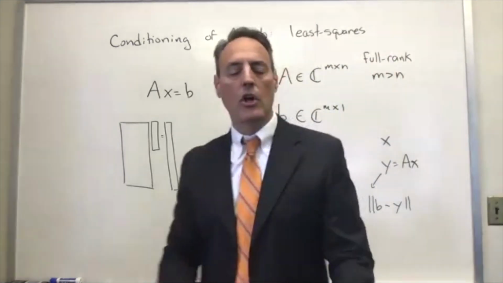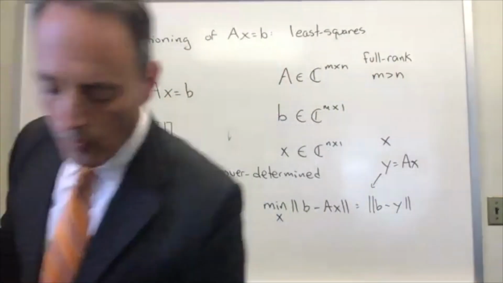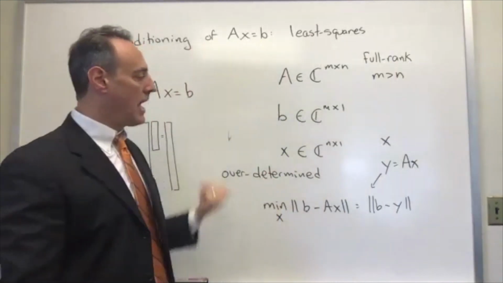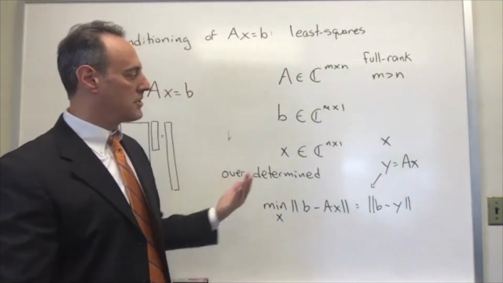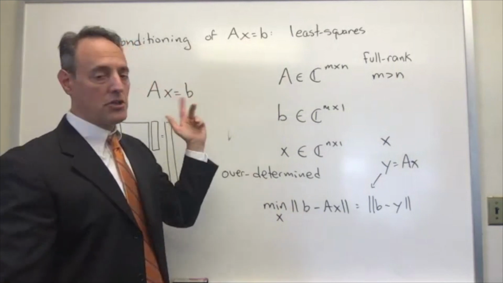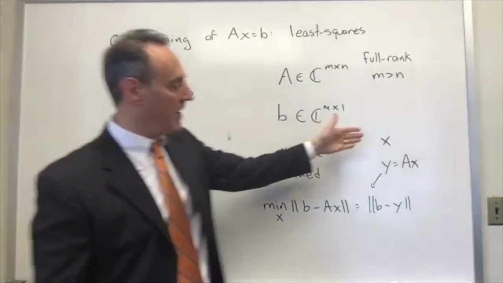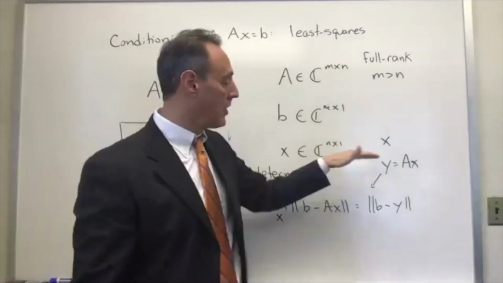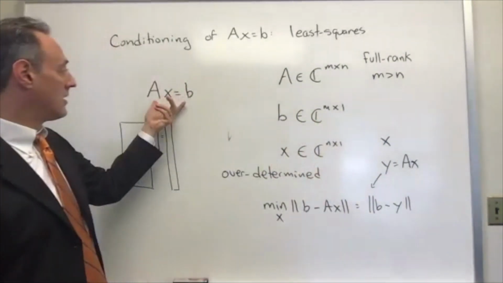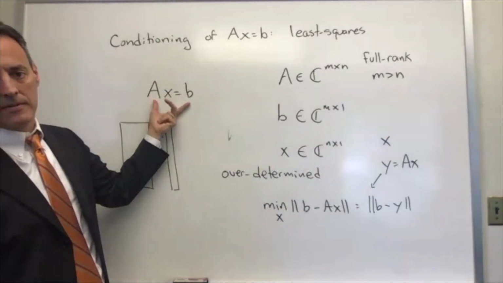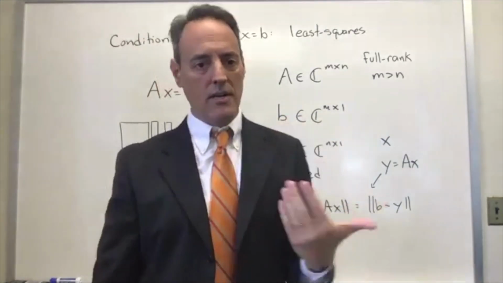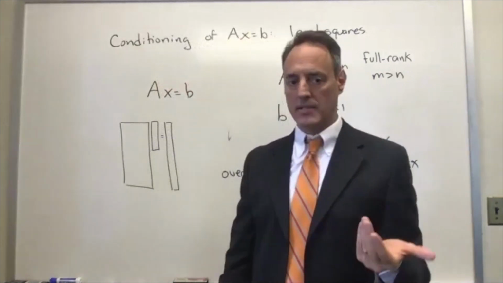In particular, when we come to conditioning, what we're very interested in is to say, I'm given the A and the B. I want to understand if there are perturbations in A and B, how does it affect x and y? X is my solution. Y is my approximation, essentially, to satisfying this. Those are the two things that you're actually, in a sense, computing out of this process.